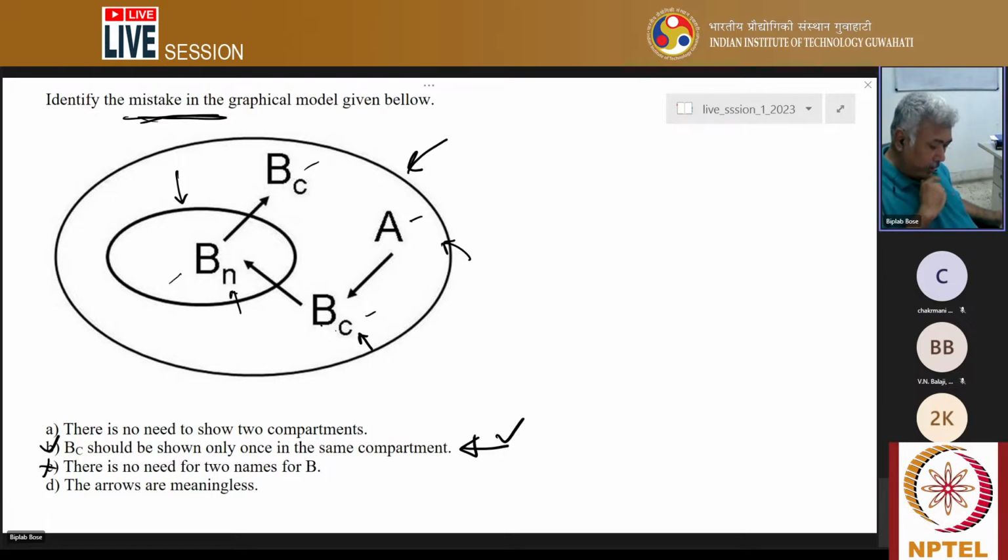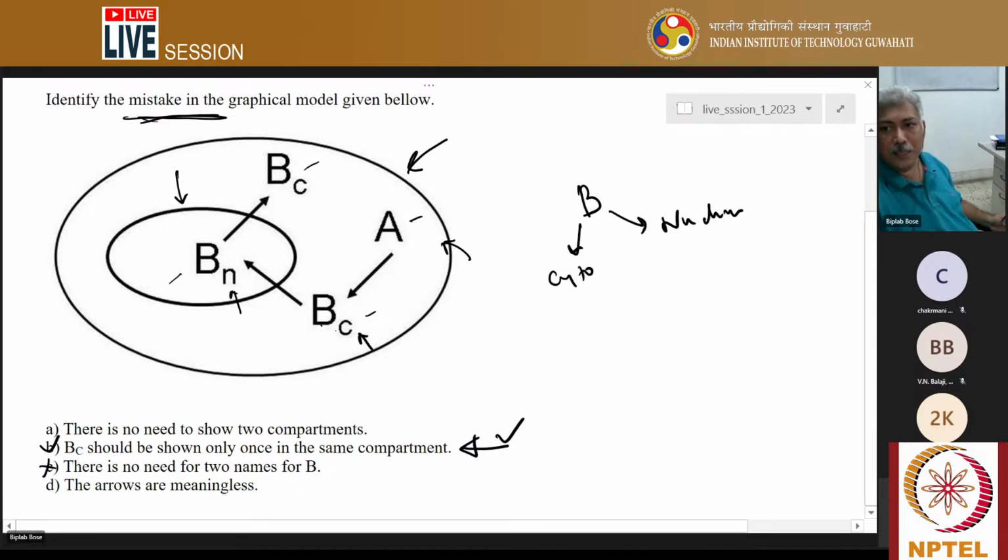The third option: there is no need for two names for B. No, I need it, because if I only use B, then how will I keep track of how much is in the cytoplasm and how much is in the nucleus? If I have to keep track of them separately, that means I have to use different names: BN for the nucleus, BC for the cytoplasm.